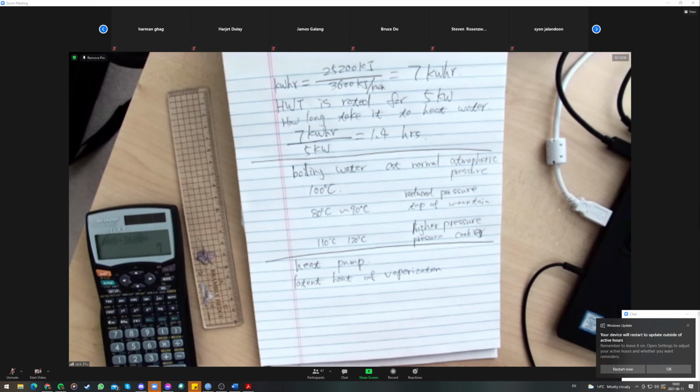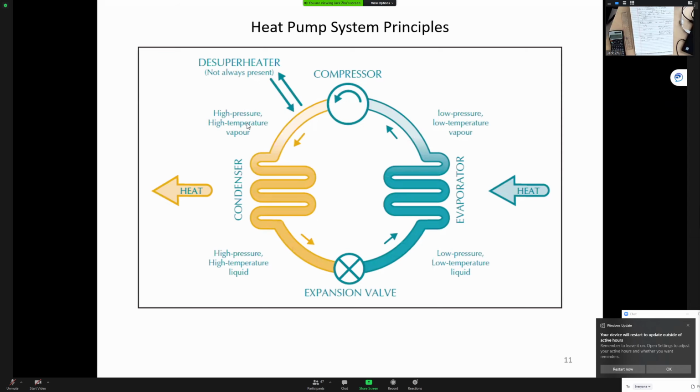So what we do down here, let me show you the picture again. Because the vapor is in the gas state, you compress them to become high pressure.